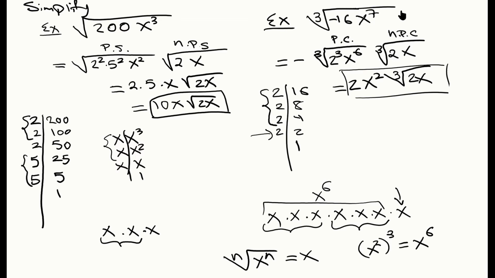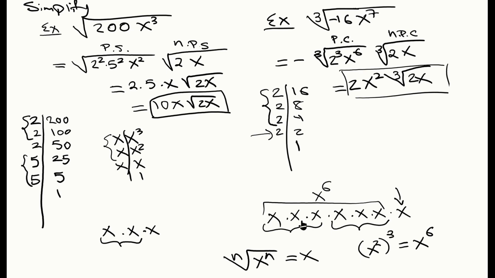And if you go 3 times 3, you've gone too far. So we know that 3 times 2, which is 6, is going to be the power that we want in here. So always look for the largest multiple of the index less than or equal to the exponent of the power that you're dealing with. And that is how you can quickly get that 6 instead of having to do this.